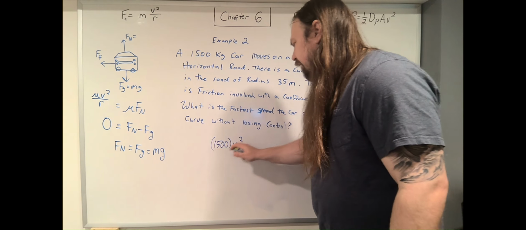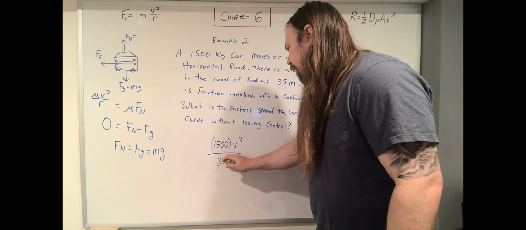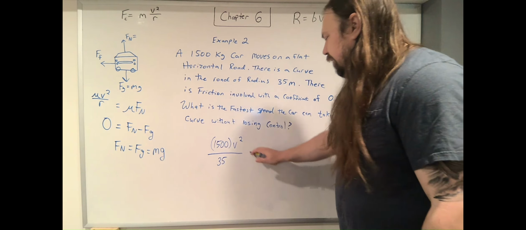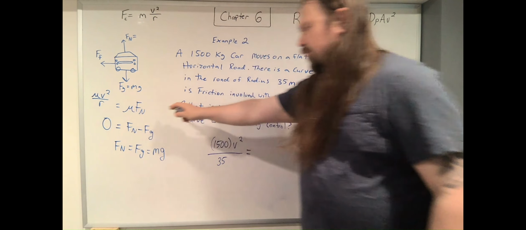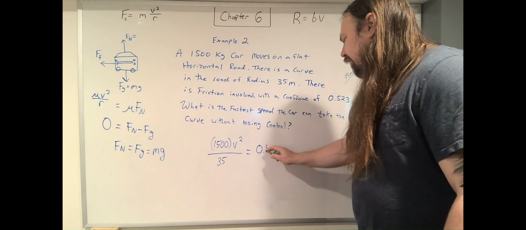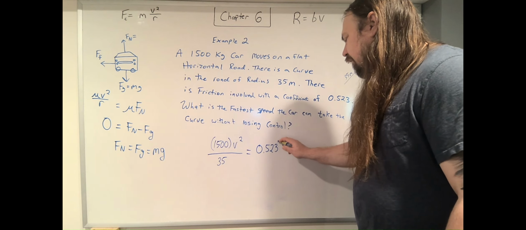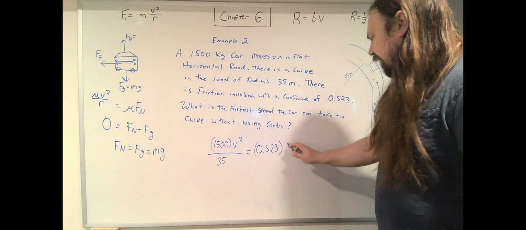We have a v squared. The radius of the road is 35. That would be equal to, so I'm just writing this top equation, plugging in everything I know. The coefficient of friction, 0.523, times the normal force. And for the normal force, I'm going to plug in mg.